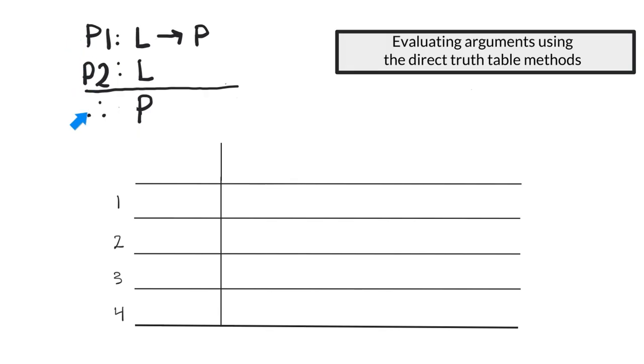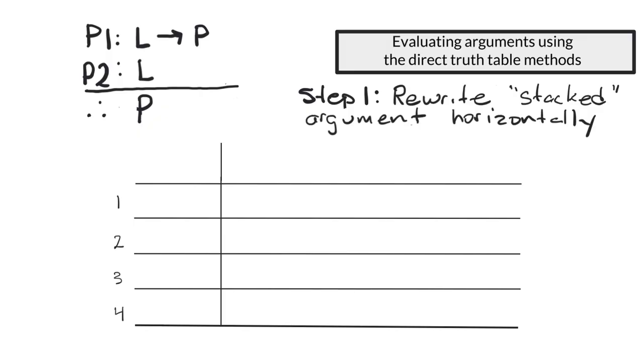So our first step is going to be taking that vertical form, that stacked form, and laying it out horizontally. So our first move is to take the stacked argument and rewrite it horizontally on the truth table. So let's start with premise one. If L, then P. You're going to put premise one on the left side here.